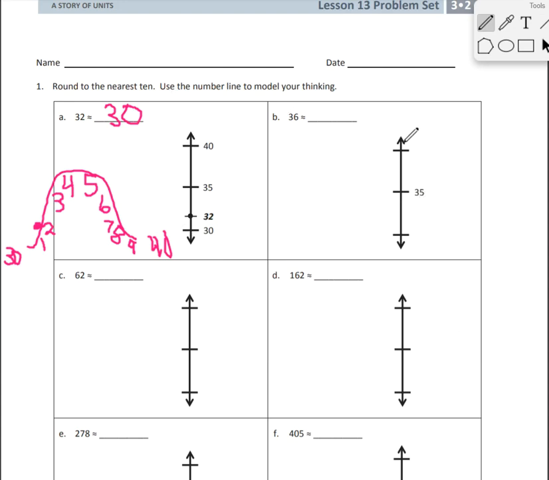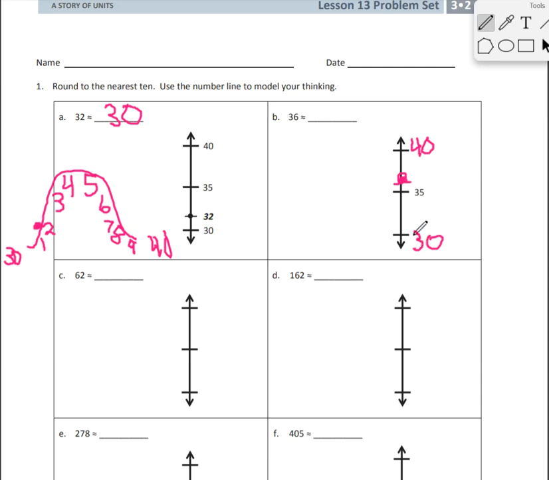So 36, I need to label my tens on both sides of my number line. That is always my first step. And now I'm going to find approximately where 36 is on my number line. It's about right here. It's a little above 35. And I can see that it is closer to the 40 than it is to the 30.